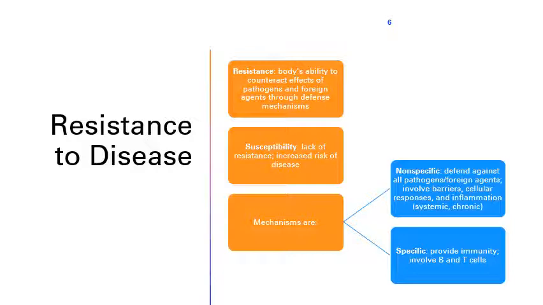So even though we might think of earwax or inflammation or edema as being a bad thing, it means there's something going on that our body had to put off that defense mechanism to fight off some pathogen or foreign agent or defend against something that has happened.